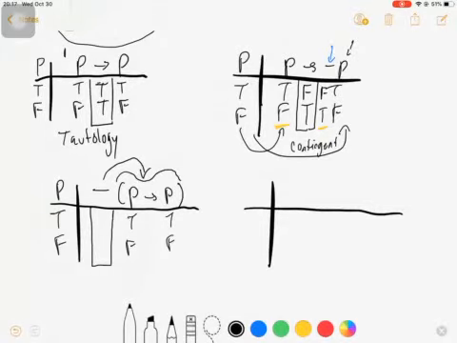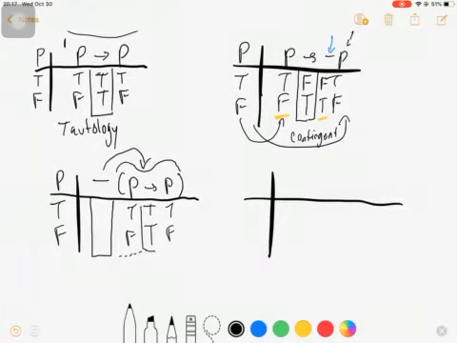So let's work within the parentheses. T arrow T is true. F arrow F is true. And then now we can go out here to the negation column and we get to flip the sign of this column right here. So that becomes an F and that becomes an F. Since everything is now an F, this is an inconsistency.